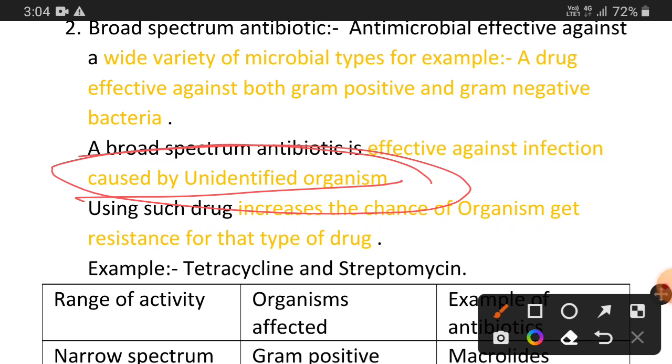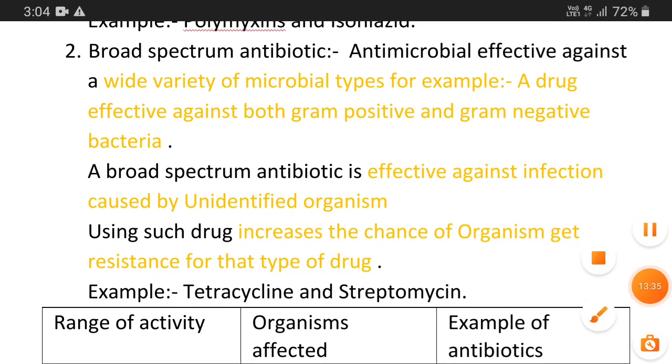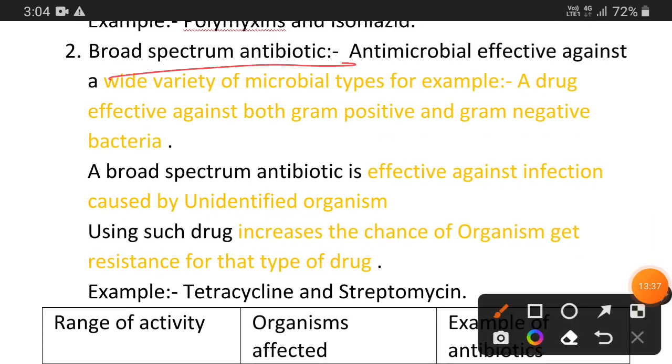Using such a drug increases the chance of the organism developing resistance to that drug. So remember again that we will use a broad spectrum antibiotic only when we cannot make out which microorganism is responsible for that particular disease. We cannot rely on broad spectrum antibiotics too much because they have the ability to create drug resistance.